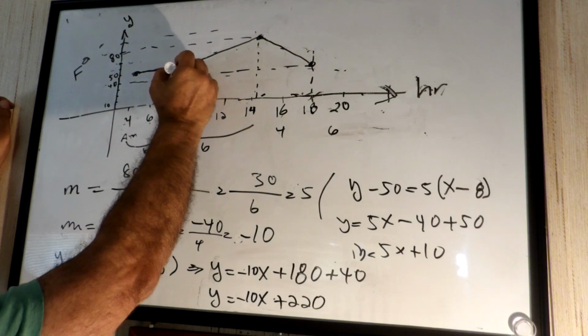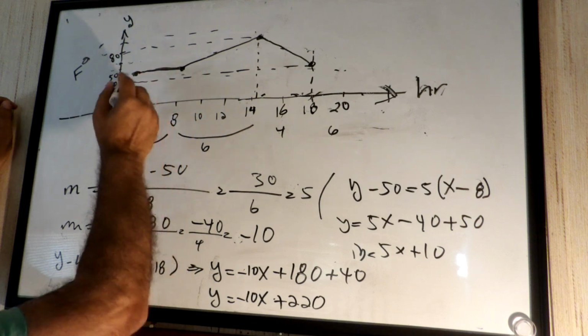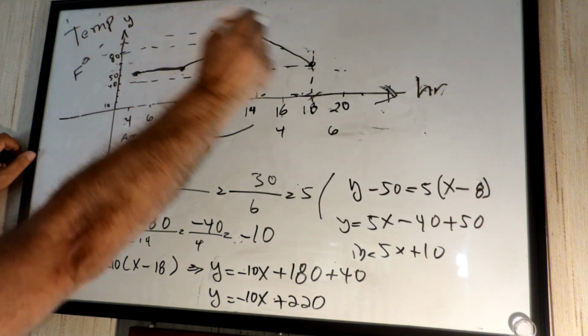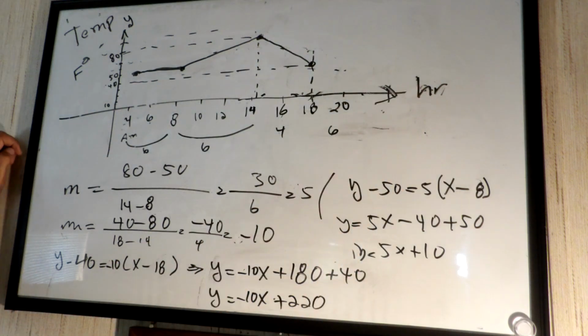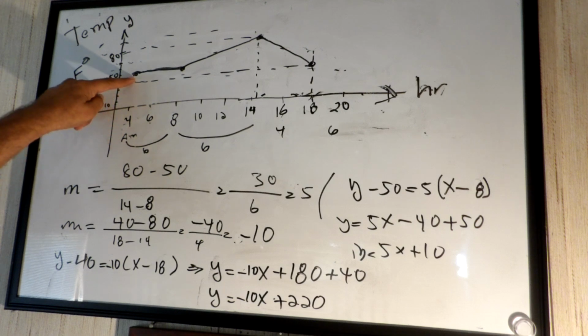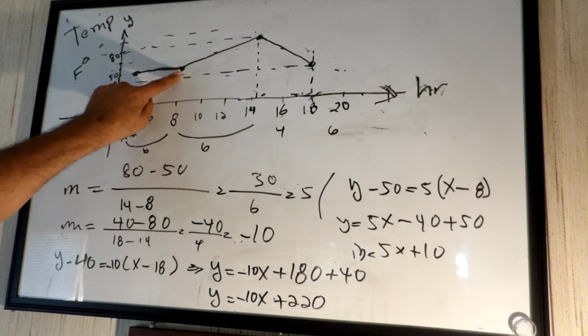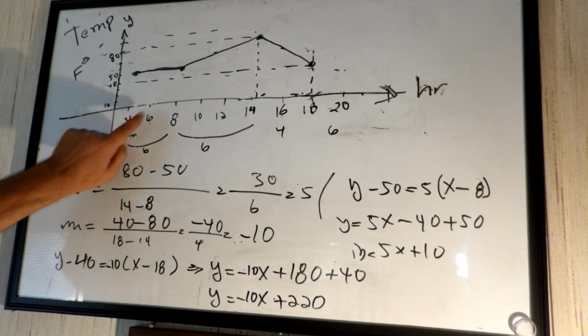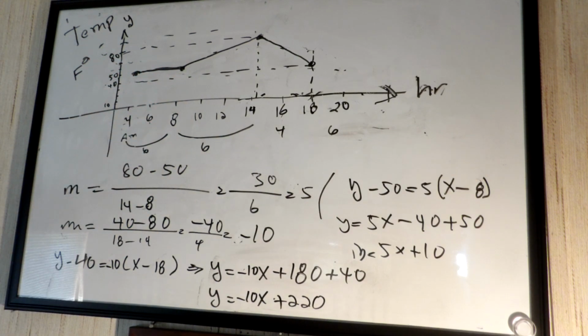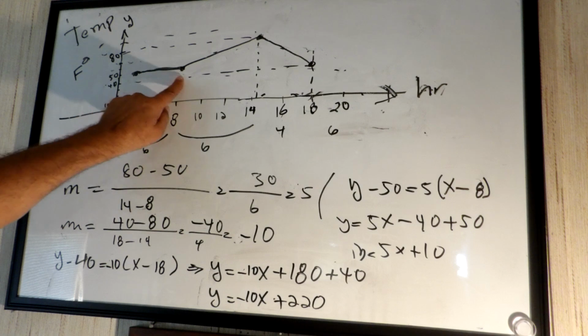See here, there is a temperature, and this is hour. At 4 o'clock in the morning, temperature is 50. At 8 o'clock it is still 50. In 4 hours, it has not changed.